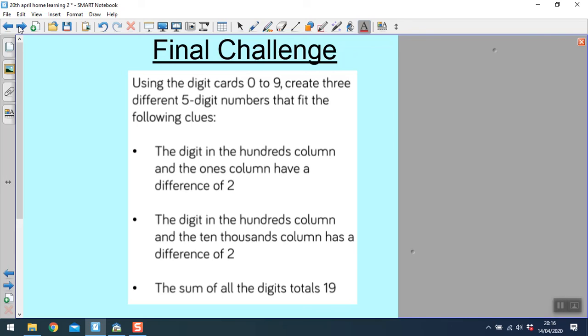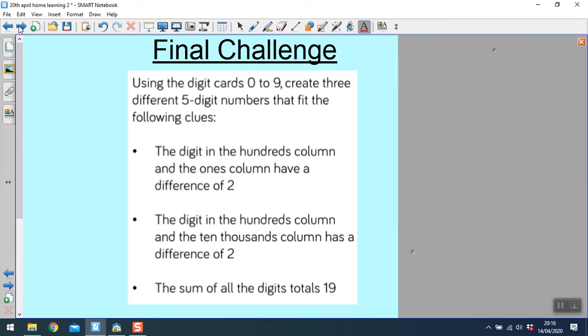So for example, 5 and 7 have a difference of 2, 2 and 0 have a difference of 2, 9 and 7 have a difference of 2, 8 and 6 have a difference of 2. If you take one away from the other, your answer is 2, so they've got a difference of 2. The digit in the hundreds column and the 10,000s column has a difference of 2. And the sum of all the 5 digits totals 19.